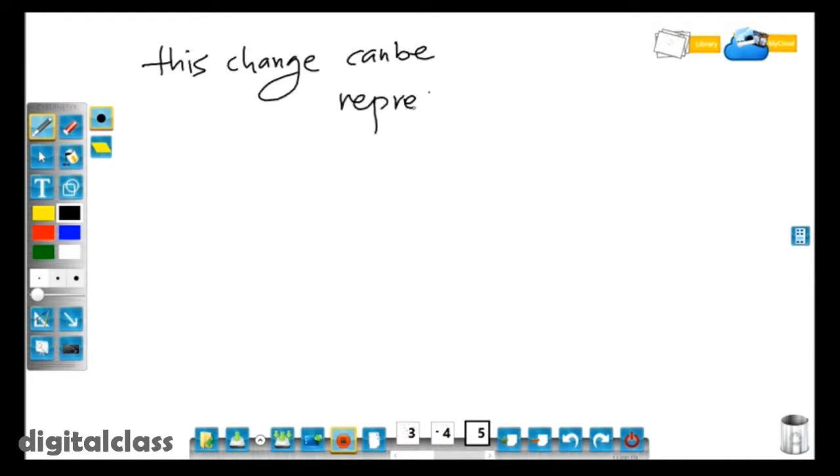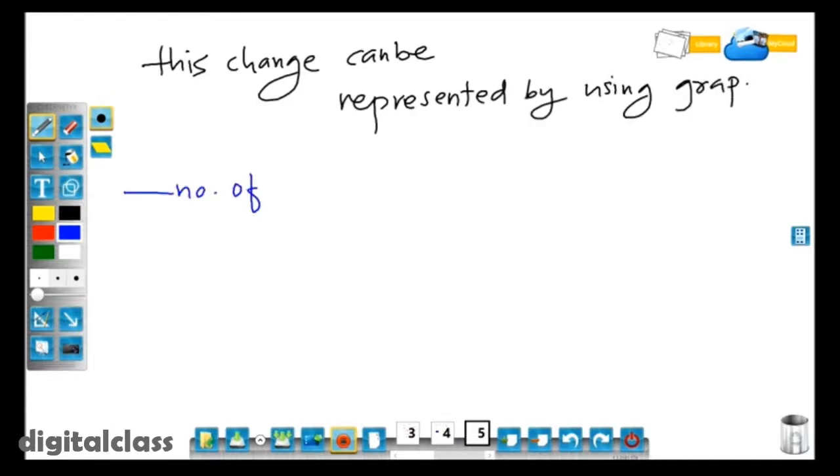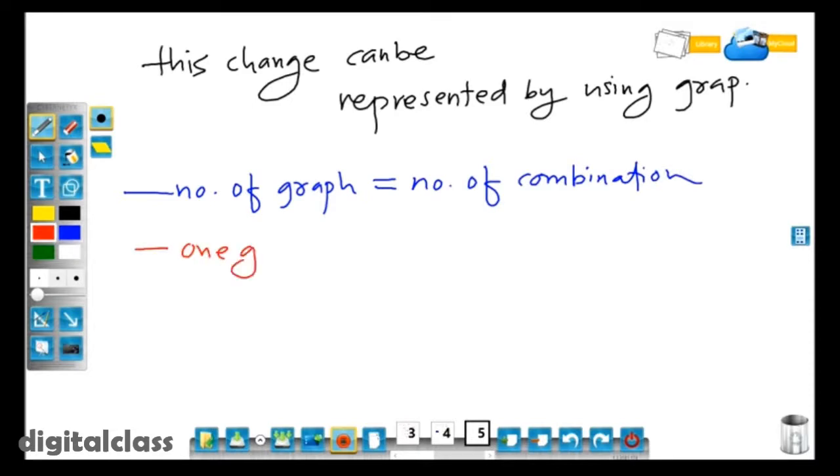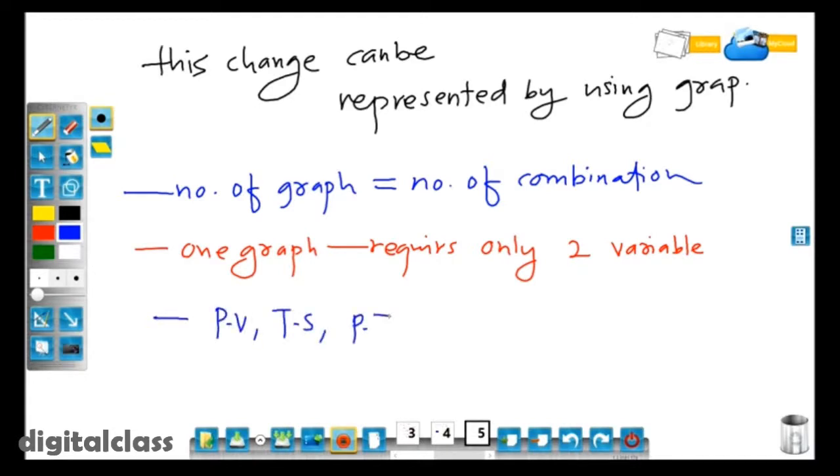This change can be represented by using a graph. We know that on a graph, for example an XY graph, there are two variables. So the number of graphs is equal to the number of combinations, and on one graph we require two variables to show any point. PV, TS, PT, PS, VT, VS, these are the combinations of the properties.